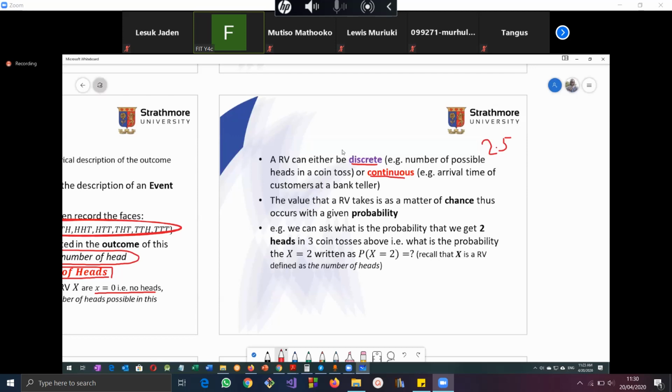So these are going to determine a lot also. The nature of the random variable is discrete or continuous. The value that the random variable takes is a matter of chance. And that's where probability comes in. Probability is the measure of chance. So the questions we might ask here is, for example, if our random variable is the number of heads of a tossed coin, so tossing the coin is the experiment, and this is the sample space.